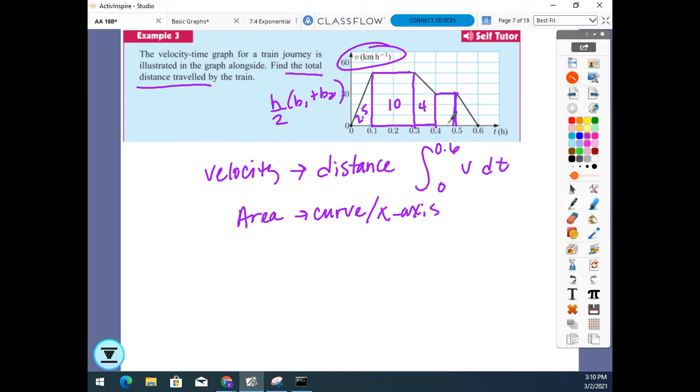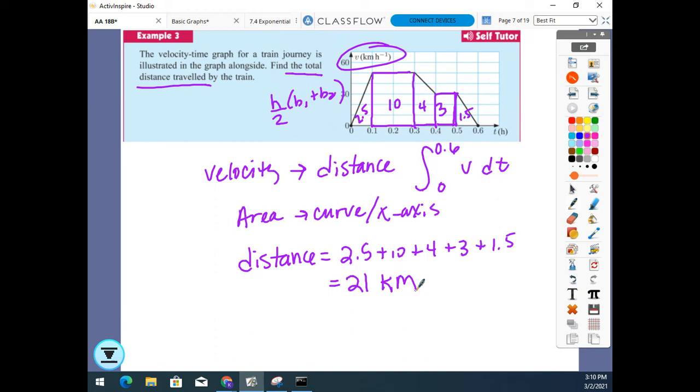This is another rectangle. This is 3. This is a triangle on the end, 1.5. Since I can find the area of each of those individual pieces, my distance traveled by the train just equals each of the areas added together. The train traveled a distance of 21 kilometers.